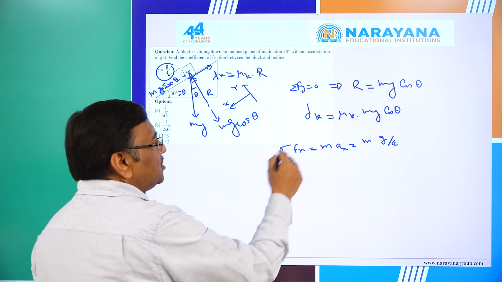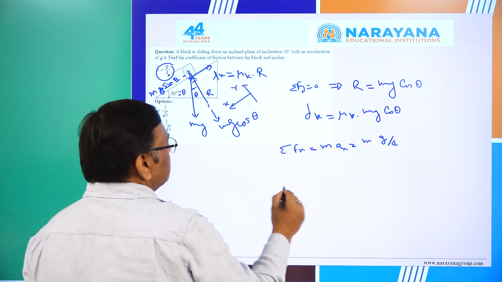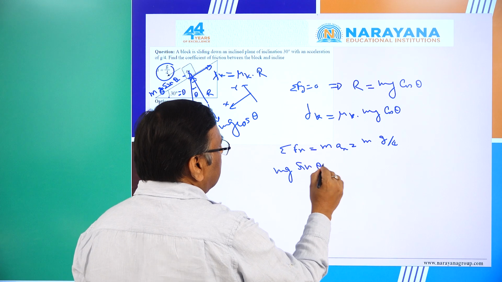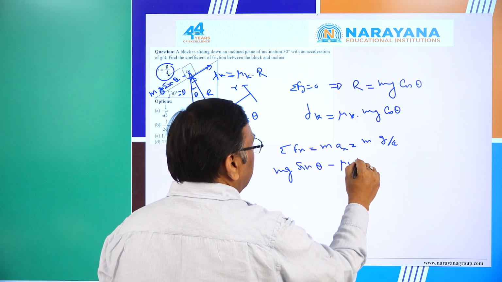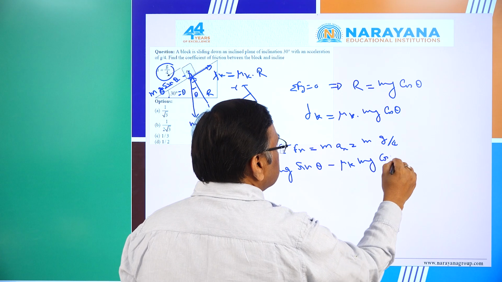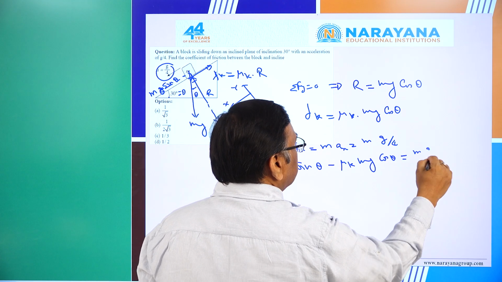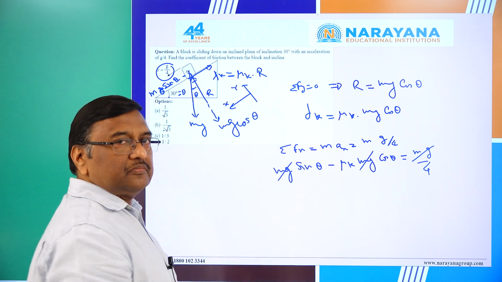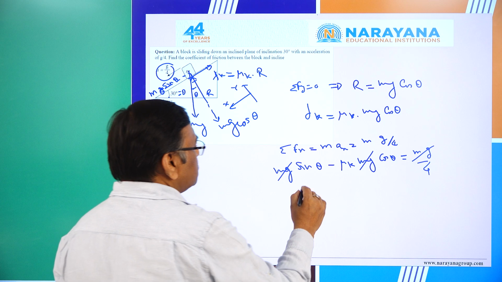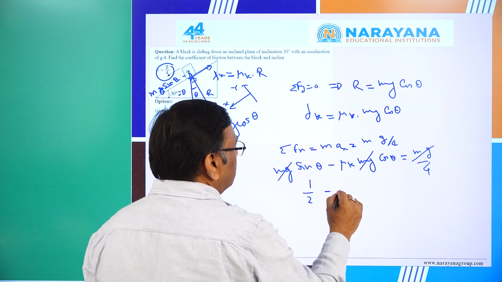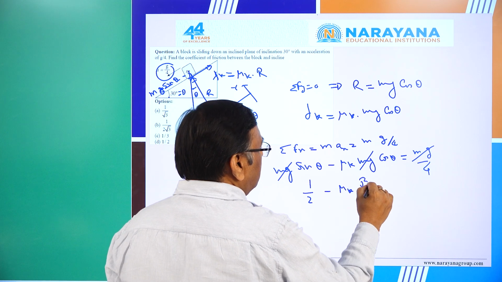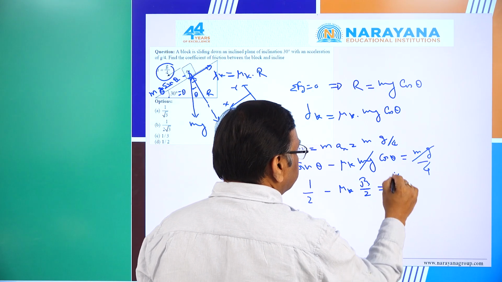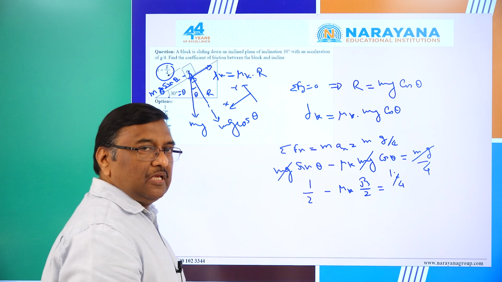The net force in the x direction is simply mg sin theta minus mu k mg cos theta, equal to mg by 4. mg throughout cancels out. Theta being 30 degrees, we can substitute the values now: 1 upon 2 minus mu k into root 3 upon 2 is equal to 1 upon 4.